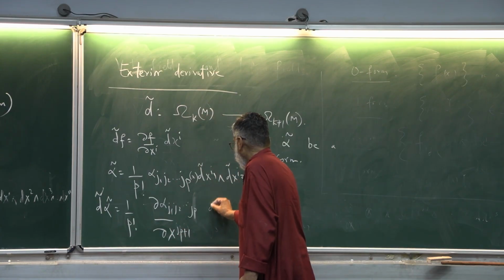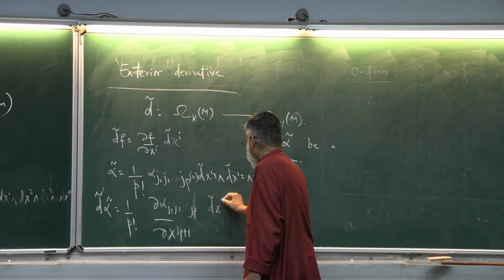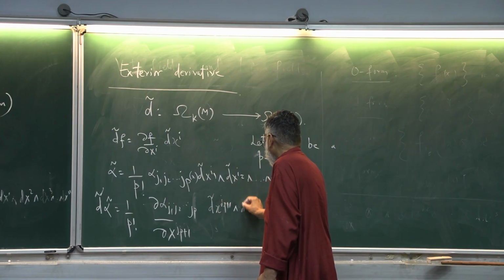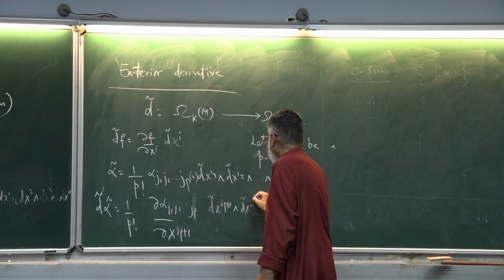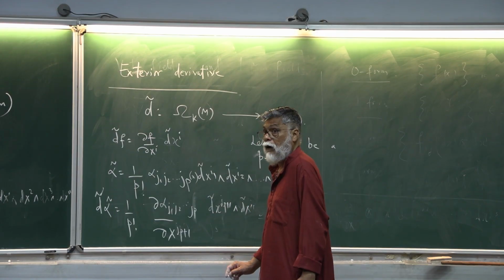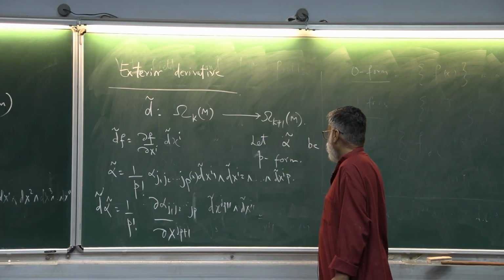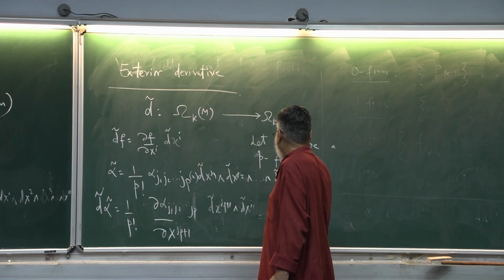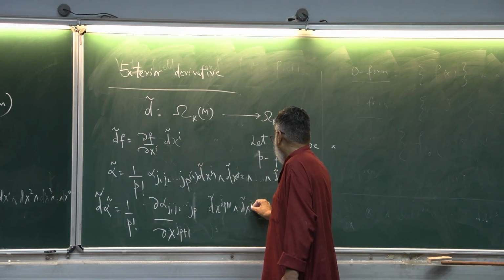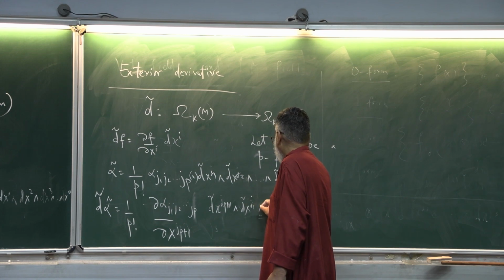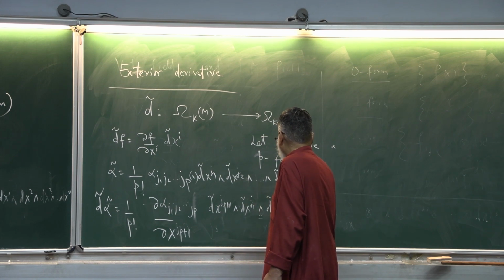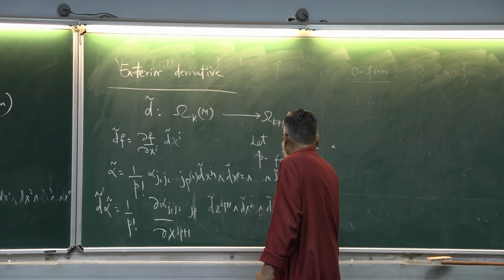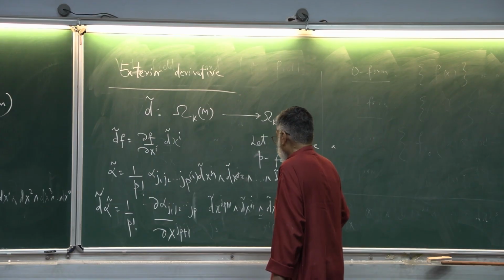But then I have to put d x^(jp+1) and wedge the rest of the wedge, j1 wedge and so on.